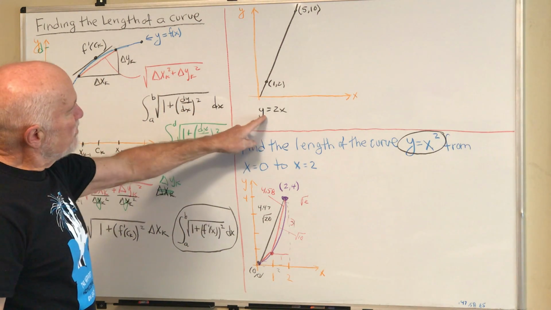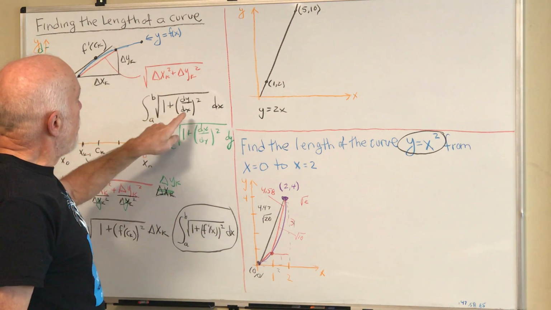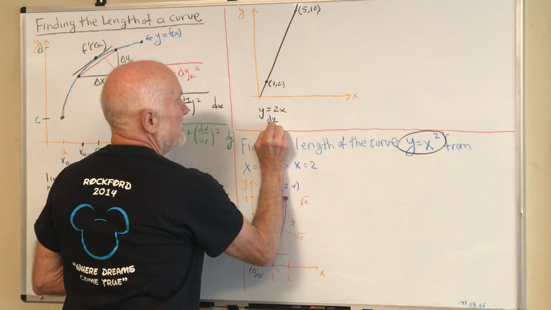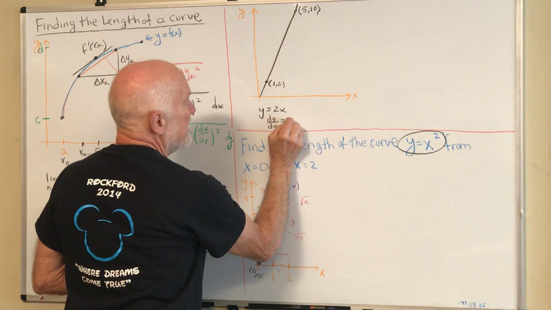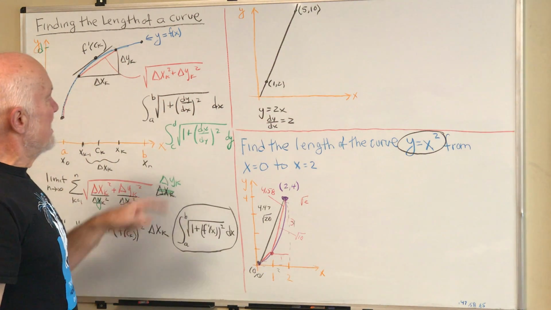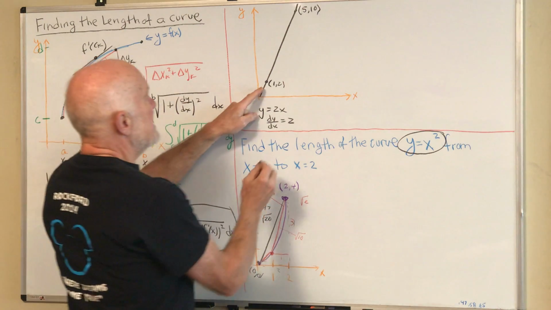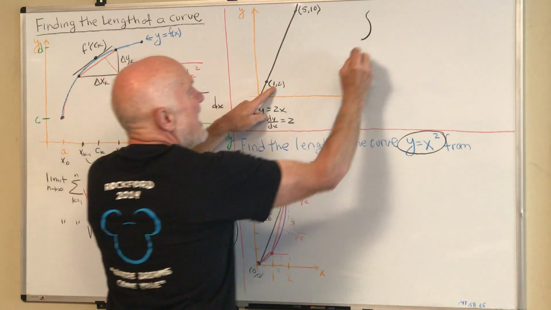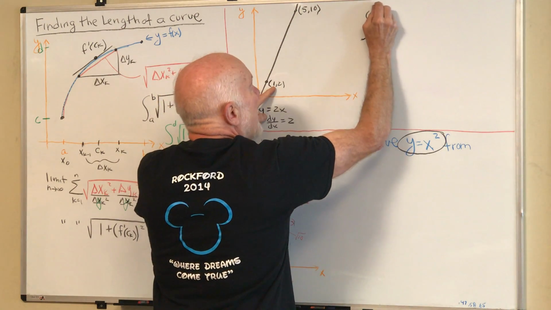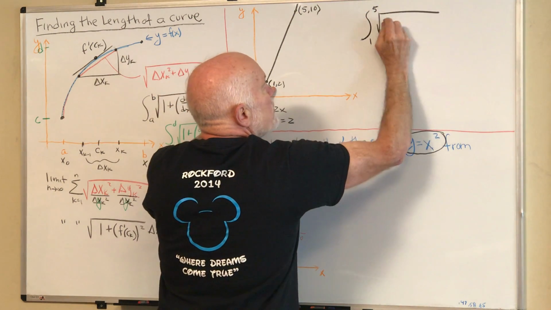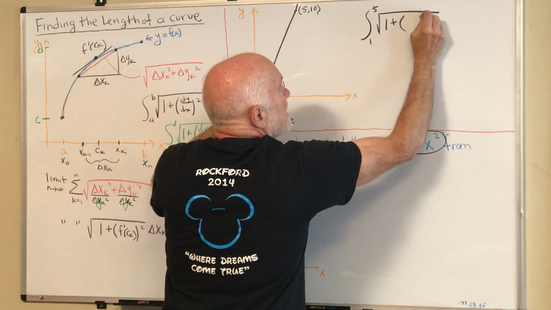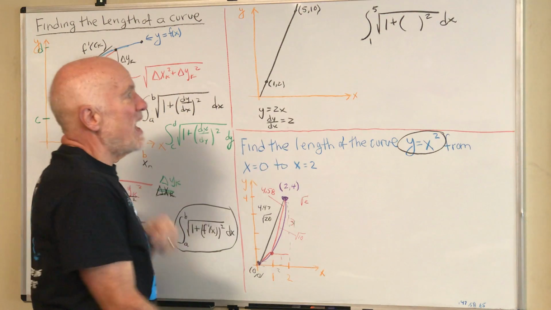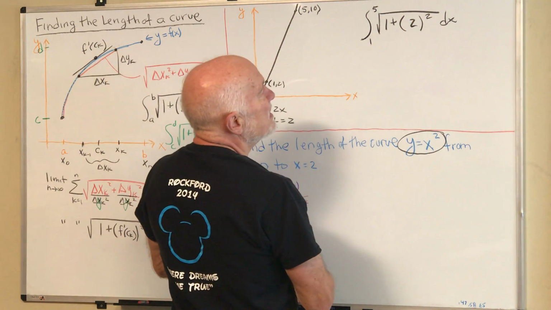Well, we might as well take dy dx, because actually it's pretty easy both ways, but we've already got it solved for y. So we would be taking, by the formula that we just did, the integral from x equals 1 to x equals 5 of the square root of 1 plus dy dx, which in this case just happens to be 2.